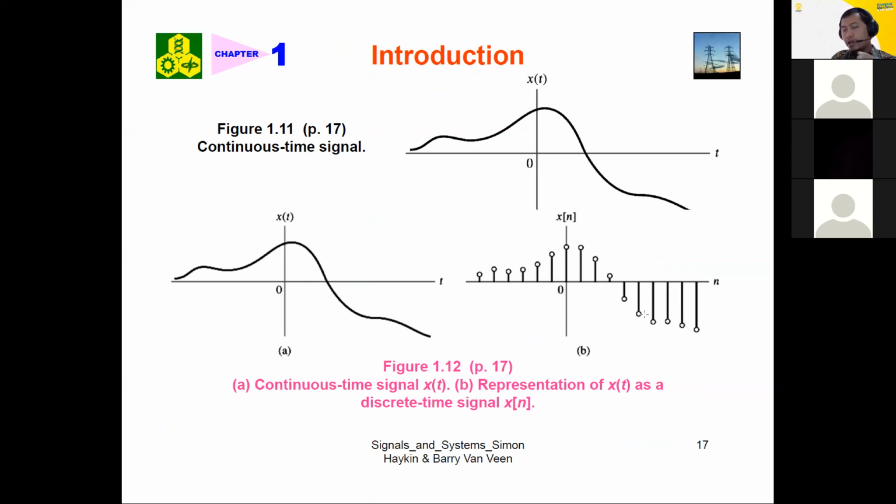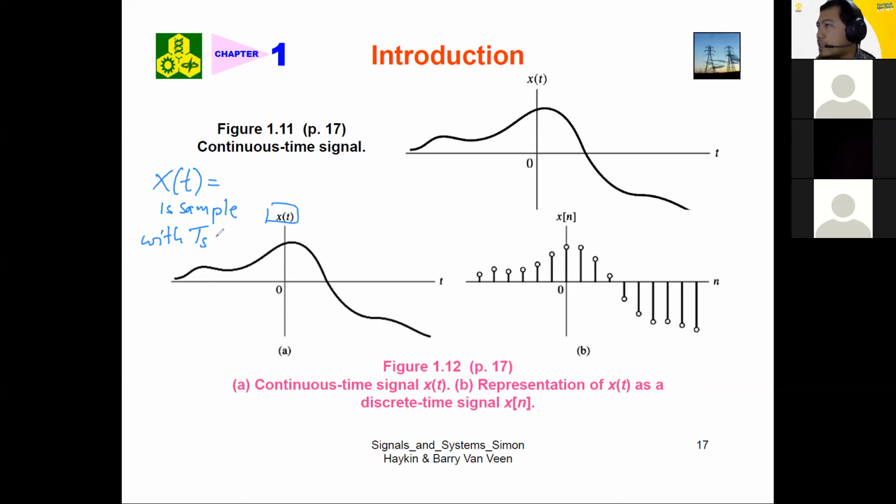Then how is the relation between continuous and discrete signal? For example, this is the continuous signal, so the expression of the continuous signal is x(t), and this continuous signal is sampled with sampling time T sample.